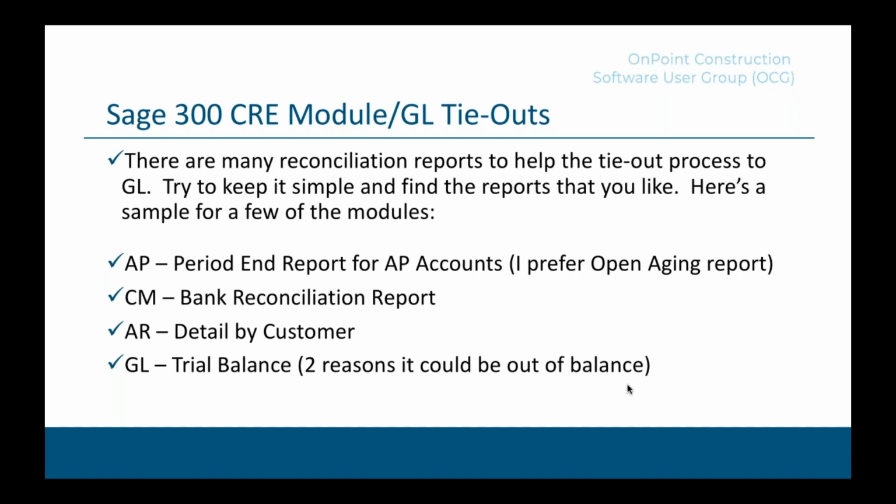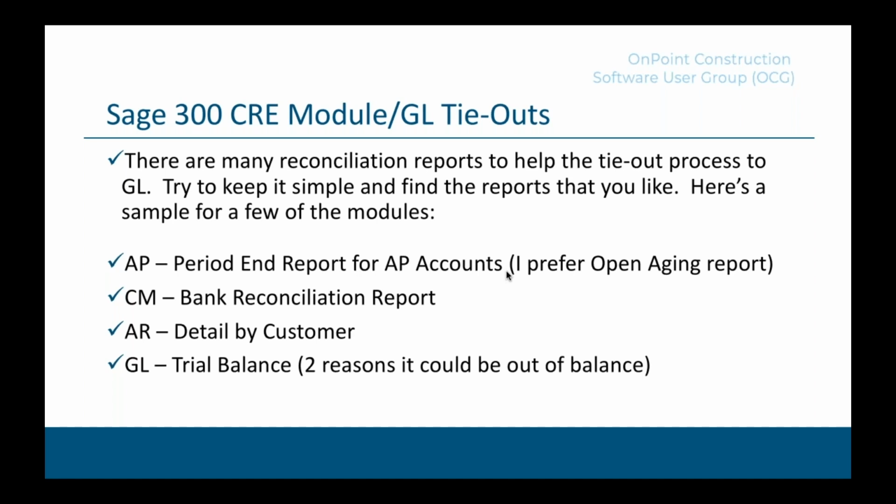So the reports that help you to tie out to GL, there's a listing of them here. There's the AP period end report for AP accounts. I mean, the look of it, it's not very pretty. It's just listing what came in, what went out and stuff.